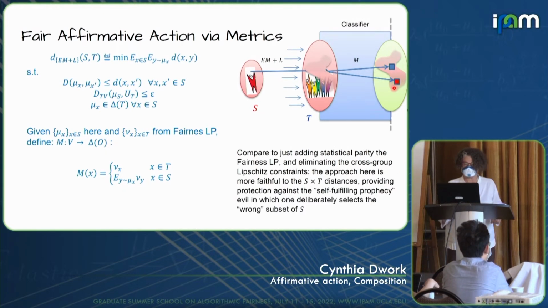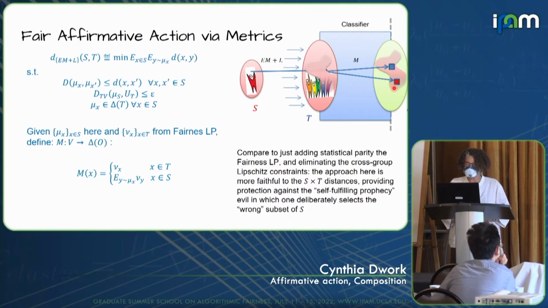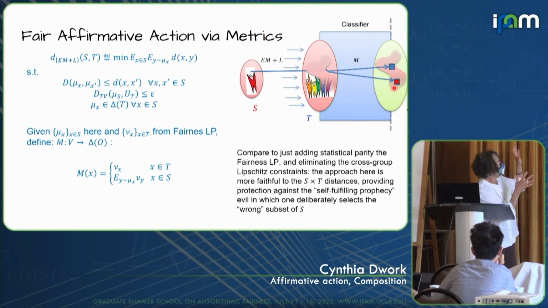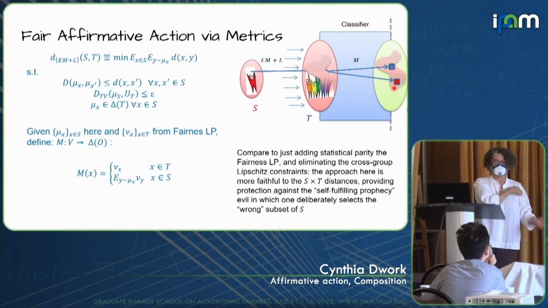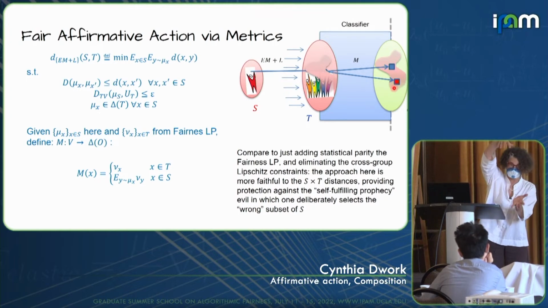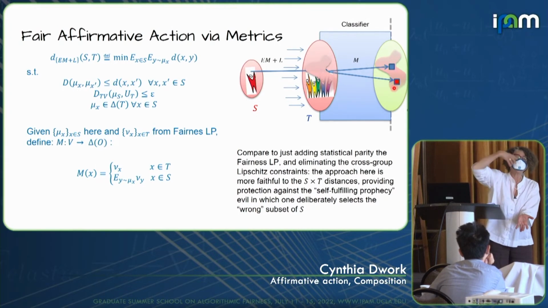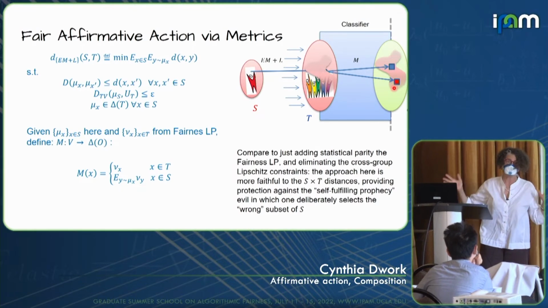Okay. Now, let's see. So one thing that we could have done is, instead of going through all of this mapping S to T and then whatever, just maybe slap on statistical parity as a requirement. So take the original fairness LP applied to the union of S and T, and then in addition add a statistical parity constraint. This is doable.